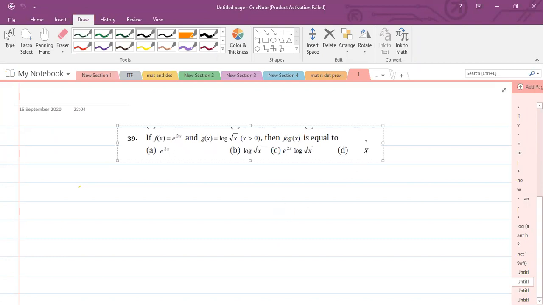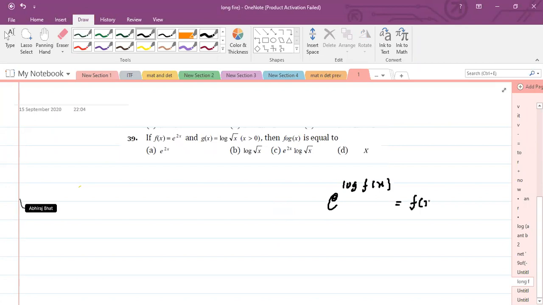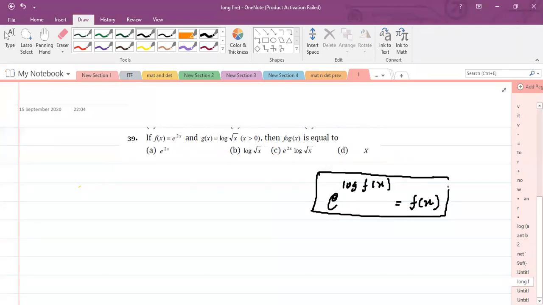Remember one standard result: e raised to log of f of x is equal to f of x. This is a very, very important result. This result we studied in logarithm.